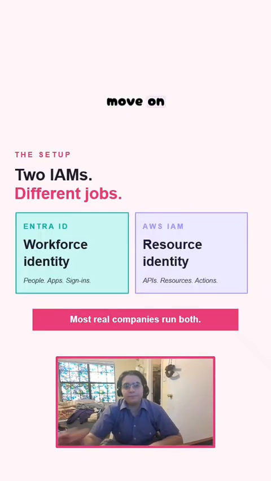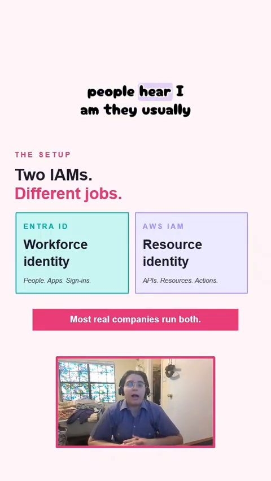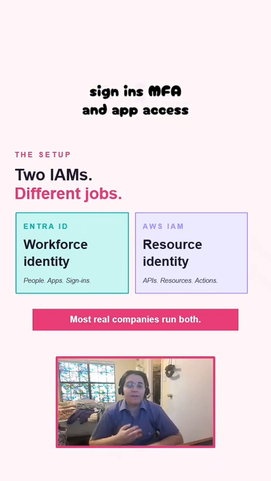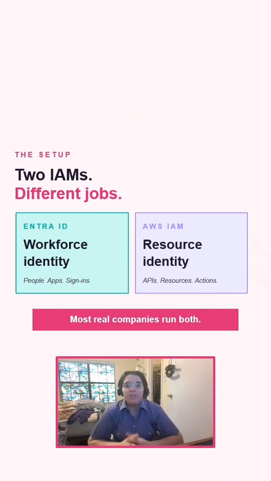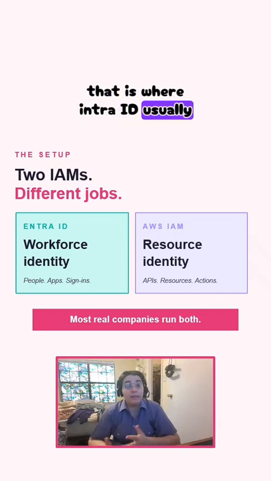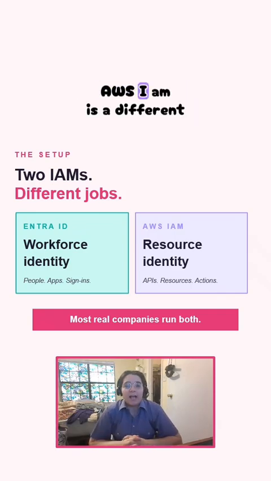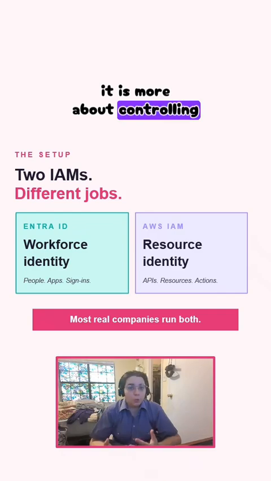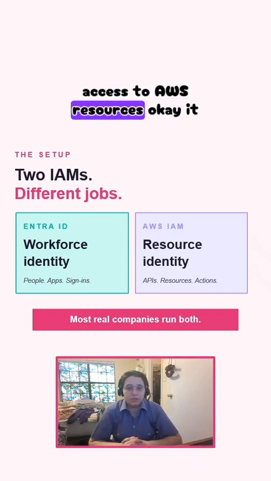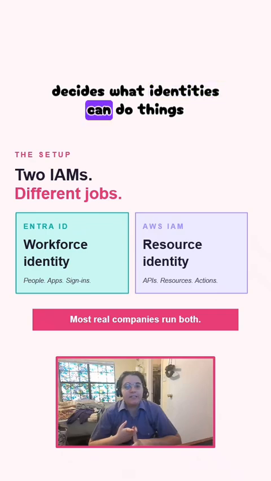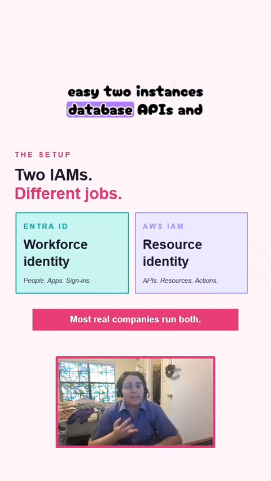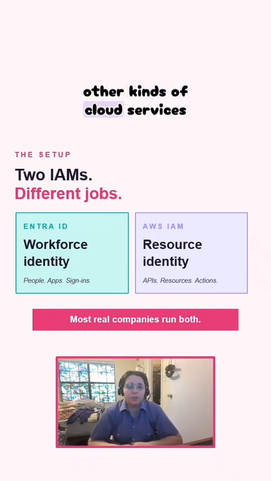So let's move on. Now, when people hear IAM, they usually think of workforce identity, things like users, sign-ins, MFA, and app access, okay? That is where Entra ID usually lives. Now, AWS IAM is a different kind of ballgame. It is more about controlling access to AWS resources, okay? It decides what identities can do with things like S3 buckets, EC2 instances, databases, APIs, and other cloud services.